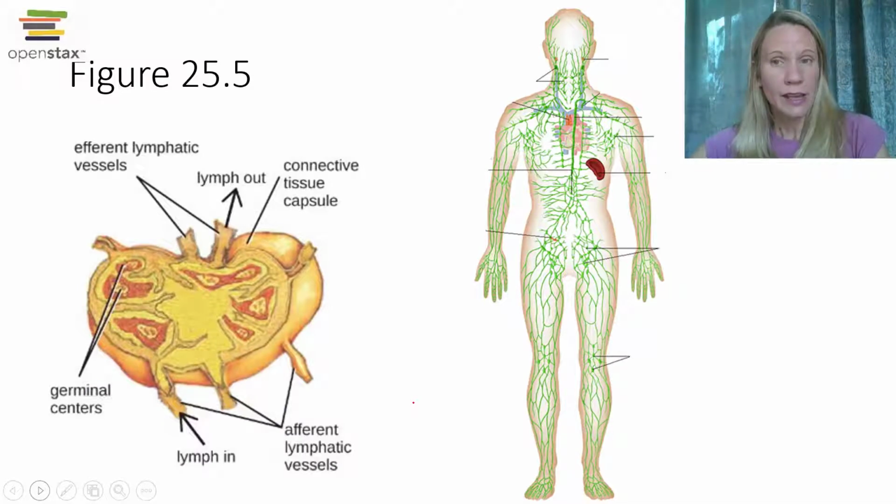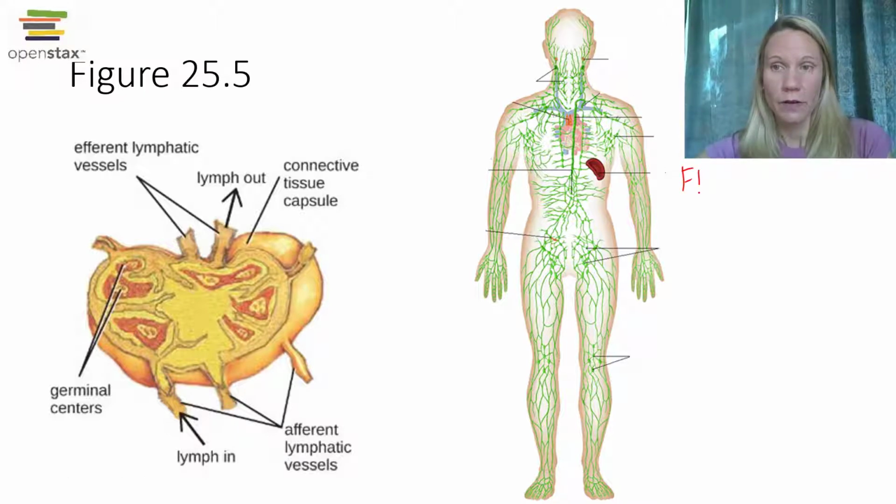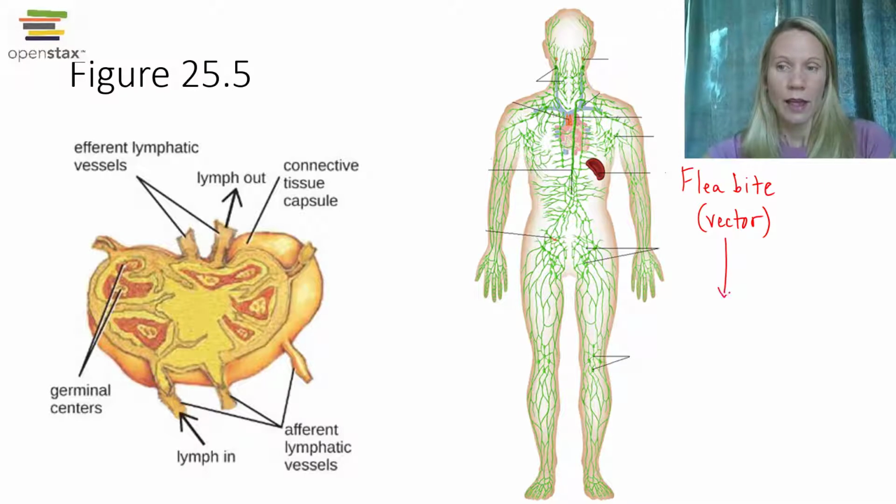So plague, we put it in the cardiovascular system group because the flea bite will introduce, so you'll have your flea bite as the vector, and then the bacteria is in the saliva of the flea, and that gets injected into the blood of the human.